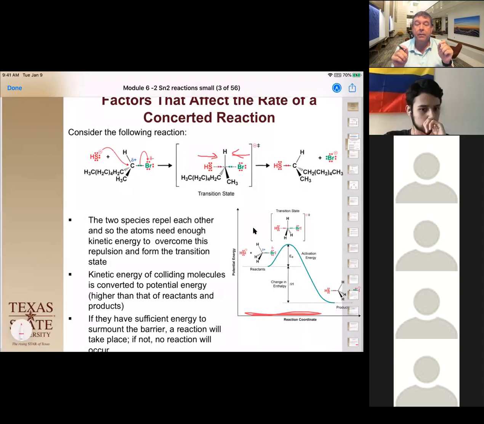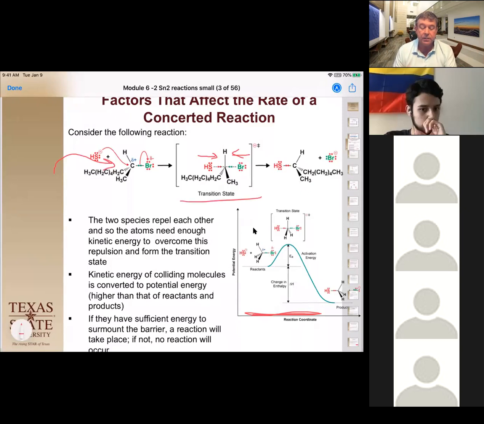Which means that the sp3 hybridized orbital is shifting to a p orbital and has a partial bond on either side. And then when this leaves, it now has the sp3 orbital on the opposite side of the molecule, giving us inversion of stereocenter. Okay. So we have to have enough energy to come in and actually break through the electron repulsion to form this transition state.